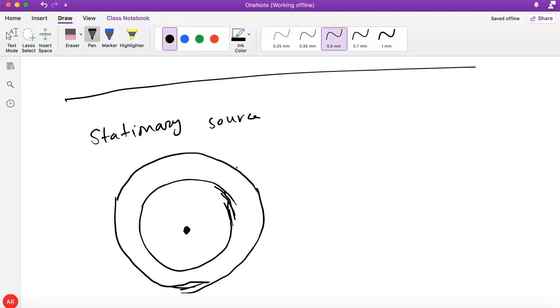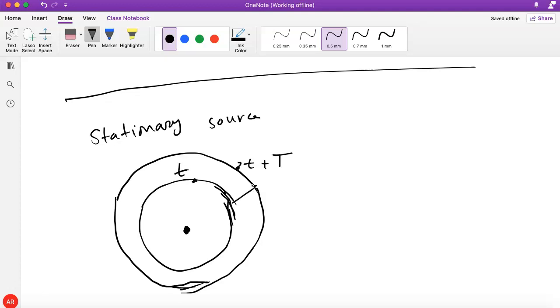So let's imagine the first wavefront has been propagating for a time t plus capital T, and this one has been propagating for a time t.